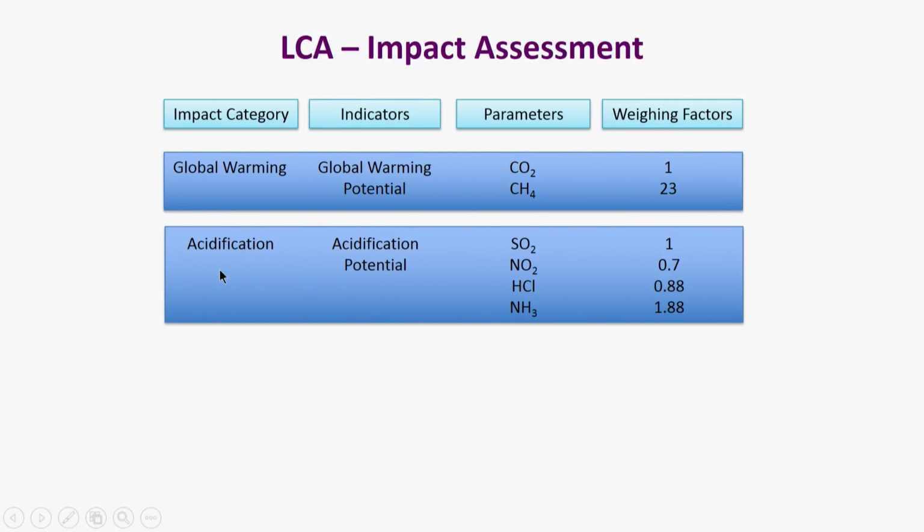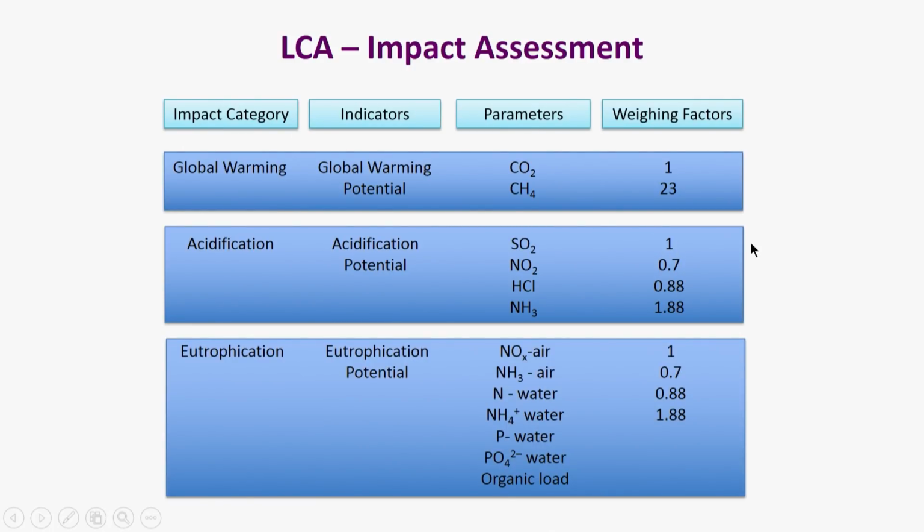Another impact category could be acidification of water, air or soil, any of these. Different components enter different parts of the environment. So, you have acidification potential, where the parameters are sulfur dioxide, nitrogen oxide, HCl, ammonia and so on, with different weighing factors. We have eutrophication.